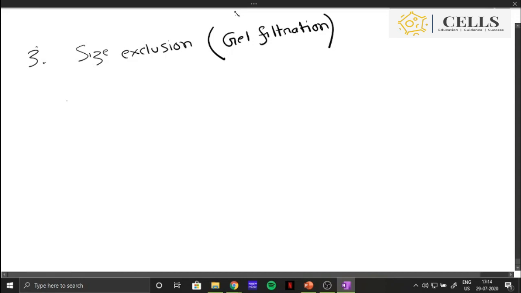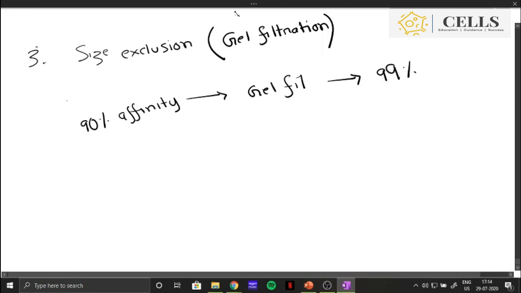Gel filtration is used, for example, when you got a 90% pure protein from affinity chromatography. You will use it in a gel filtration column to get an even purer protein, for example, 99% pure protein. Gel filtration chromatography is used to further purify the affinity chromatography solution.